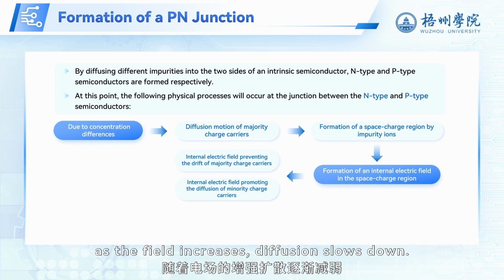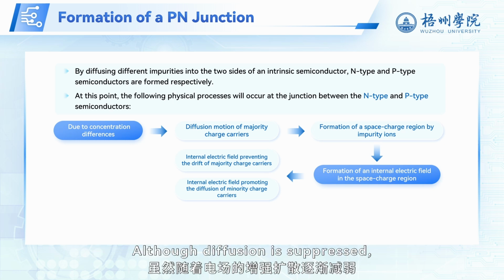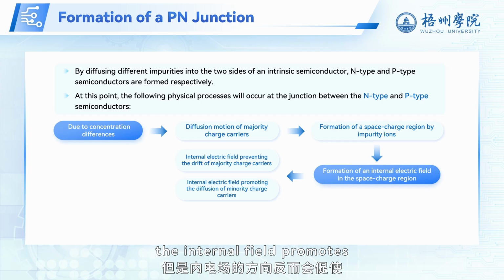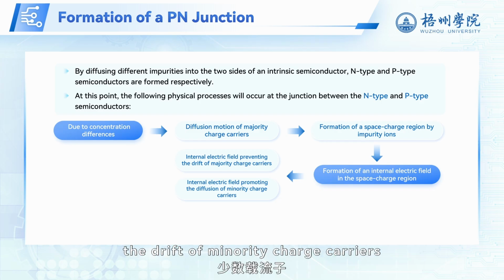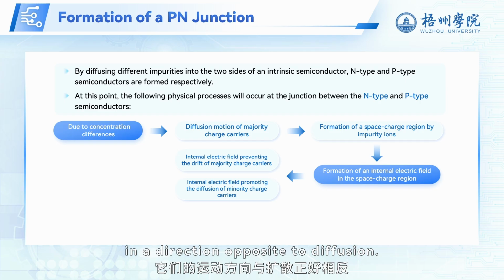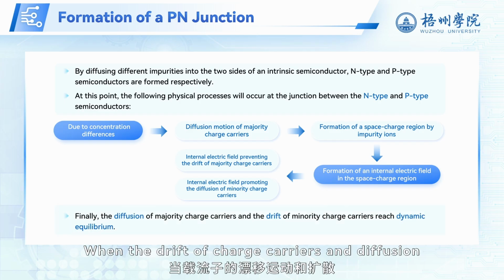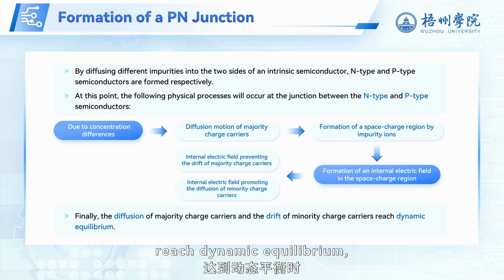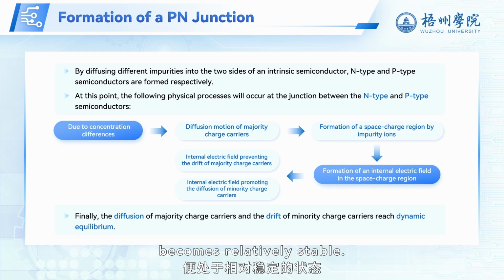Therefore, as the field increases, diffusion slows down. Although diffusion is suppressed, the internal field promotes the drift of minority charge carriers toward the opposite region, in a direction opposite to diffusion. When the drift of charge carriers and diffusion reach dynamic equilibrium, the internal electric field becomes relatively stable.